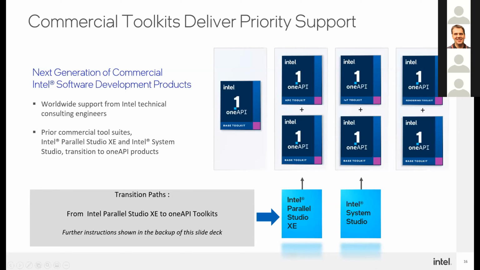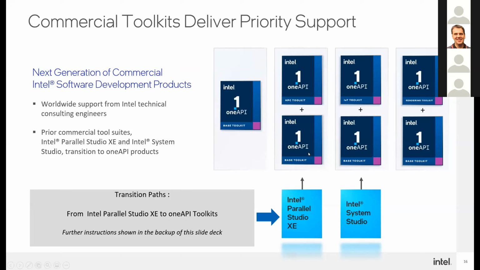When I was talking in the introduction about the transition paths, this slide reveals a little bit more detail about it. So you might have been aware of Intel Parallel Studio XE, a development environment for ISVs, for HPC people, and there was a parallel product, the Intel System Studio, which was very much for the embedded market.